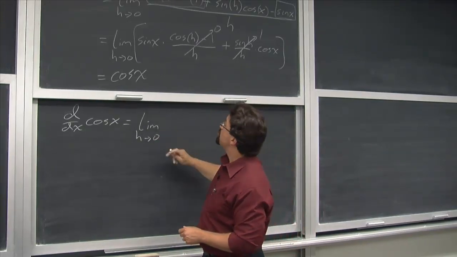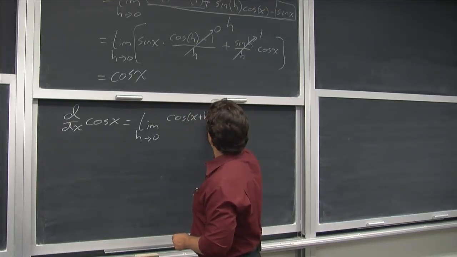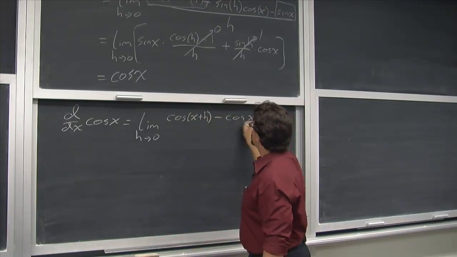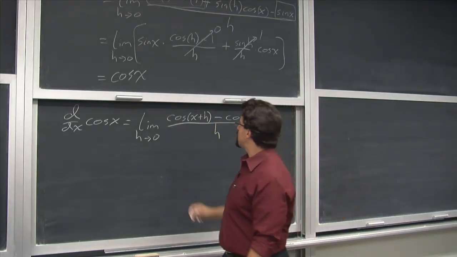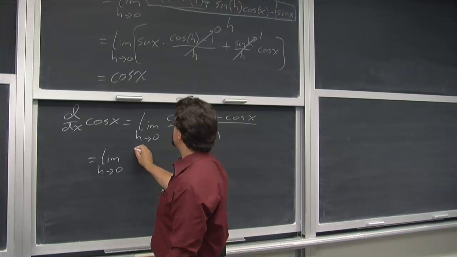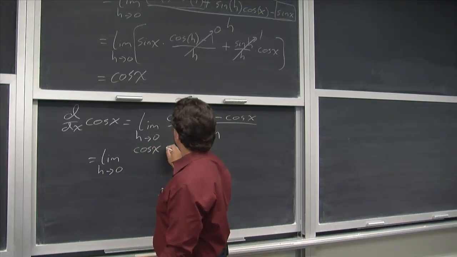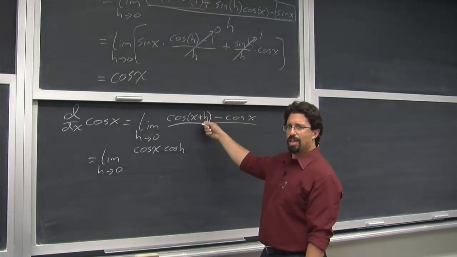We go to the limit as h goes to 0 of cos of x plus h minus cos of x all over h. And now I'm going to skip steps like crazy. Cos of x plus h, I can expand very quickly. And so I have the limit as h goes to 0 of cos of x times cos of h minus sine x sine h.